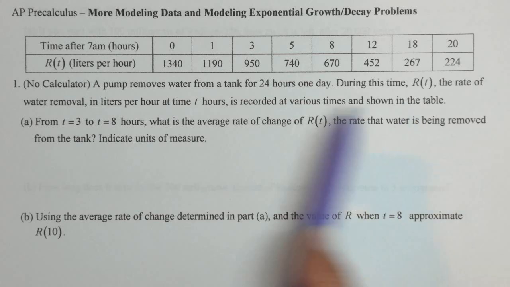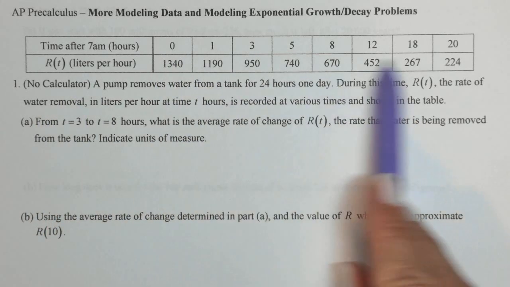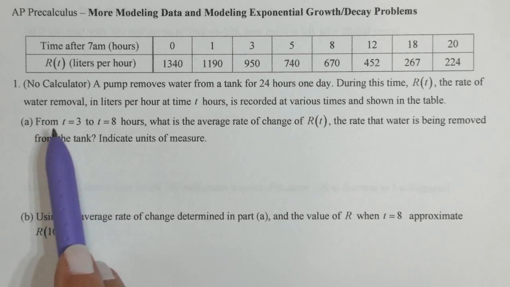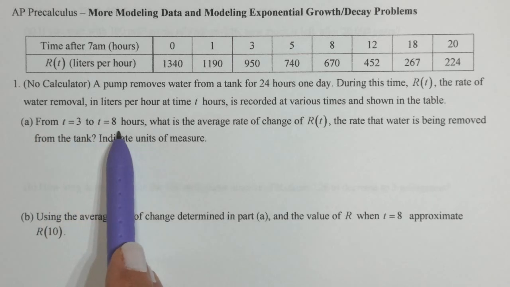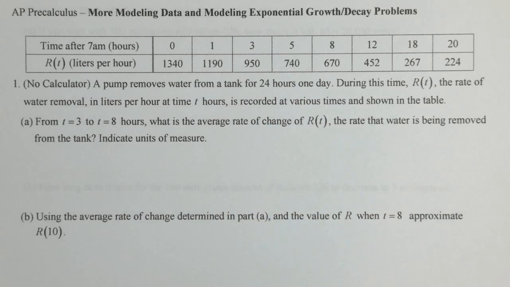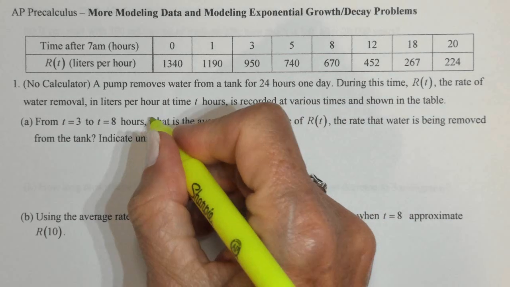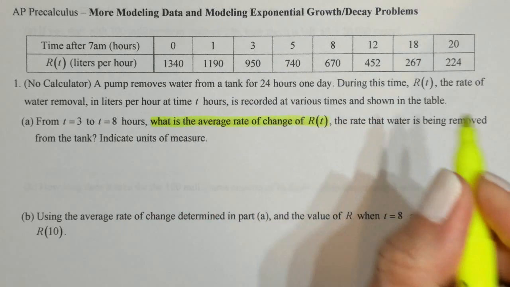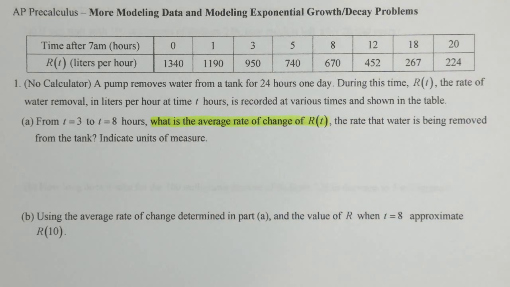Okay, no calculator, so I'm not going to be putting this in my calculator. From time 3 to time 8, what is the average rate of change of R? The rate that water is being removed from the tank.